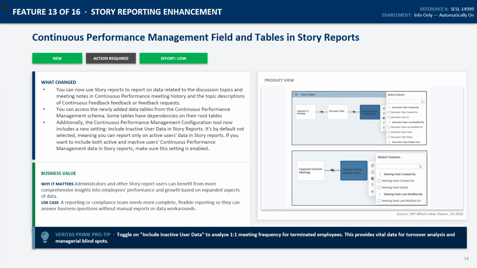A great example: if you want to capture one-on-one discussions which occurred for now terminated employees, you'll be able to do that. So we think that's going to be a huge asset when it comes to turnover analysis and being able to pull up some of that data for inactive employees.